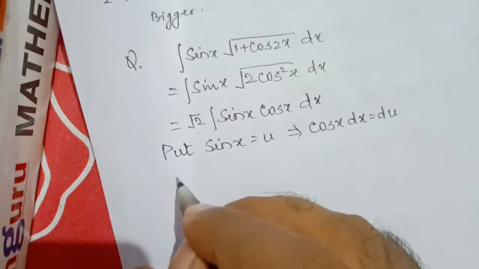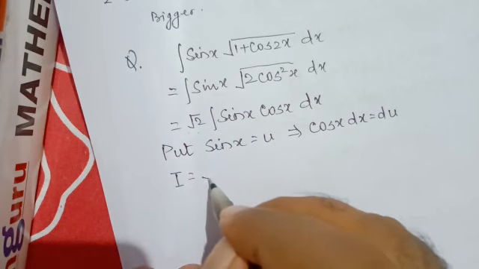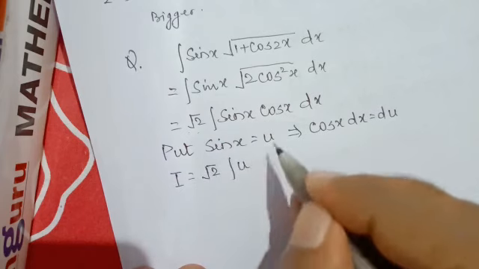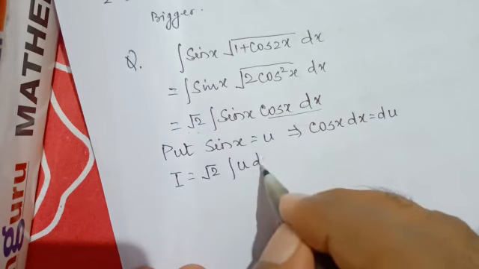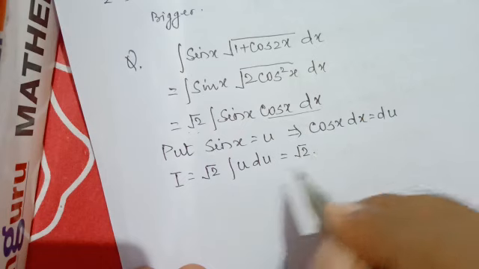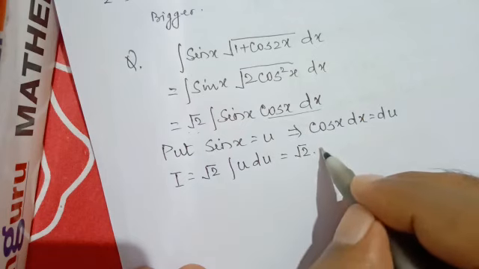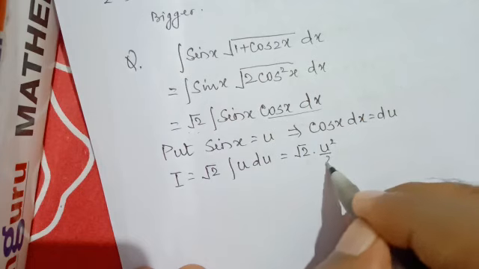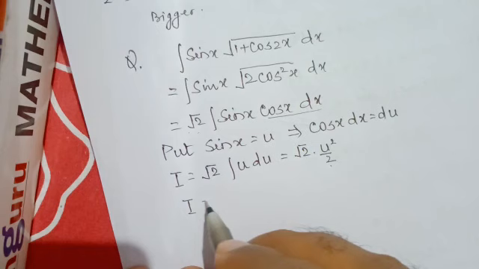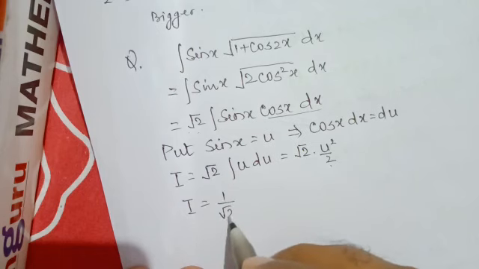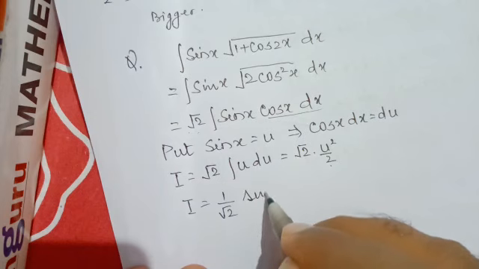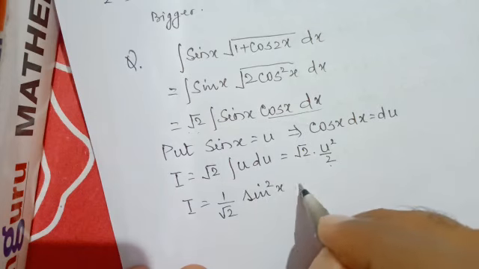So now the integration is root 2, we have considered sin x as u, cos x dx will be du. So root 2 times the integration of u du is u square by 2. Root 2 and 2 cancel. So the integration will be 1 by root 2 u square. Write down the value of u, that is sin square x plus c.